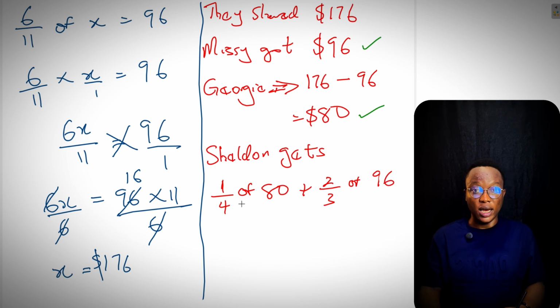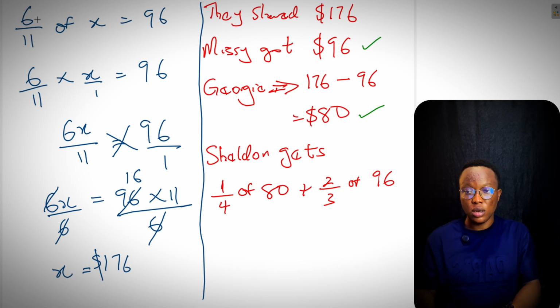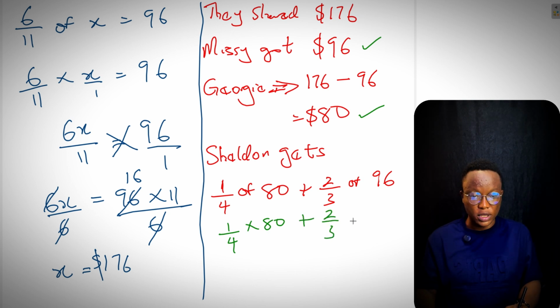As I said earlier, when we hear "of", we hear multiplied by. So we're saying 1/4 multiplied by 80 plus 2/3 multiplied by 96.